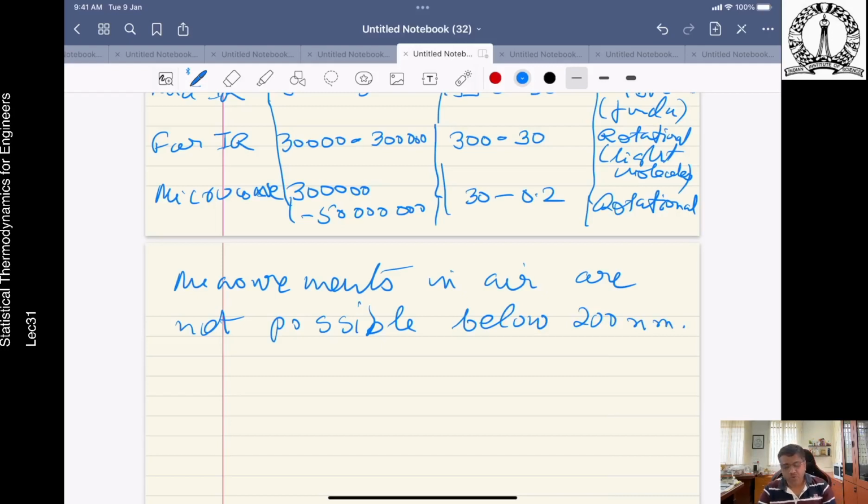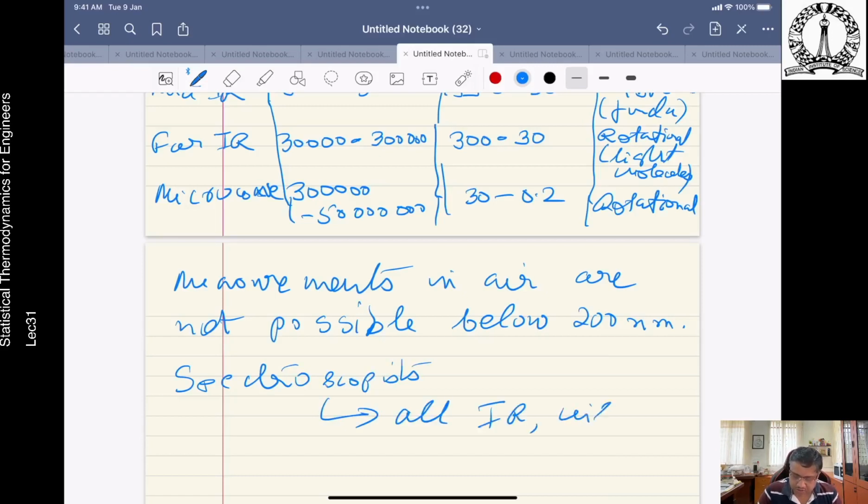Okay, so if you are a spectroscopist, you have to report all values in IR, visible, and near UV, okay? Near ultraviolet.